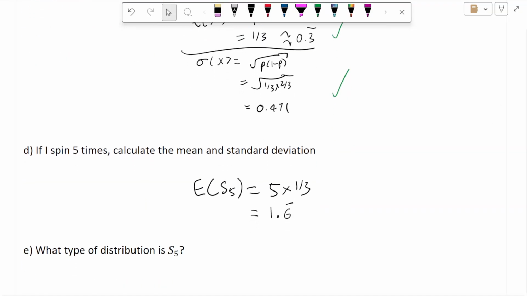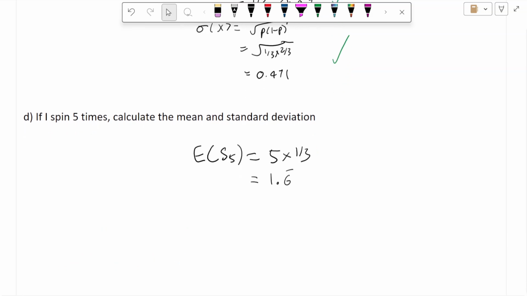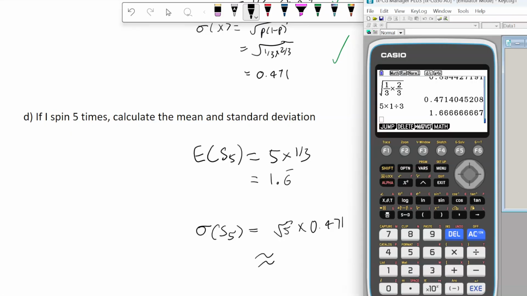And then the standard deviation of S5. This is root 5 times the old standard deviation. And let's see what we get there. Root 5 times, I'm going to use the full version of this number, 0.471404528. And we get 1.05.